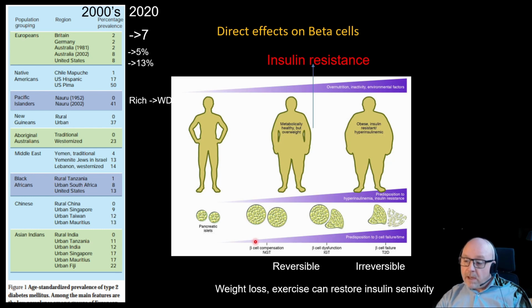So we get a beta cell growth compensation. They expand the population of cells producing insulin, and over time they cannot keep this up, and it causes a lot of stress on the beta cells, and in the end they can fail.